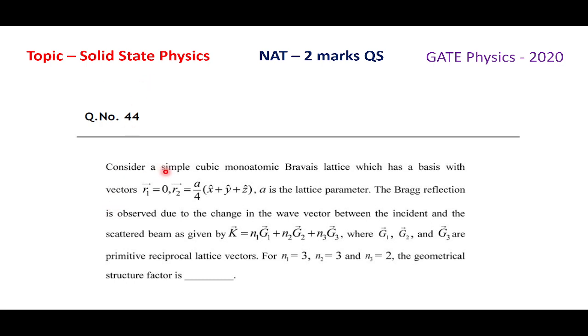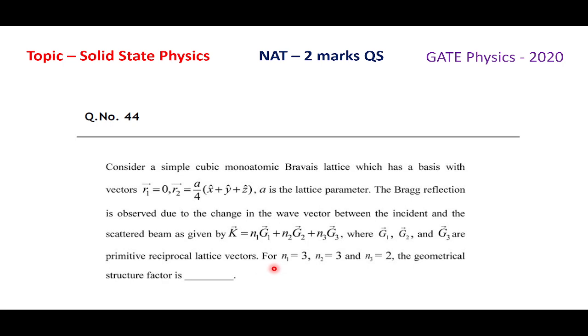The question is: consider a simple cubic monoatomic Bravais lattice which has a basis with vectors r1 equals 0 and r2 equals a by 4 times (x cap plus y cap plus z cap), where a is the lattice parameter. The Bragg reflection is observed due to change in the wave vector between the incident and the scattered beam, given by k vector equals n1 g1 vector plus n2 g2 vector plus n3 g3 vector, where g1, g2 and g3 are primitive reciprocal lattice vectors.